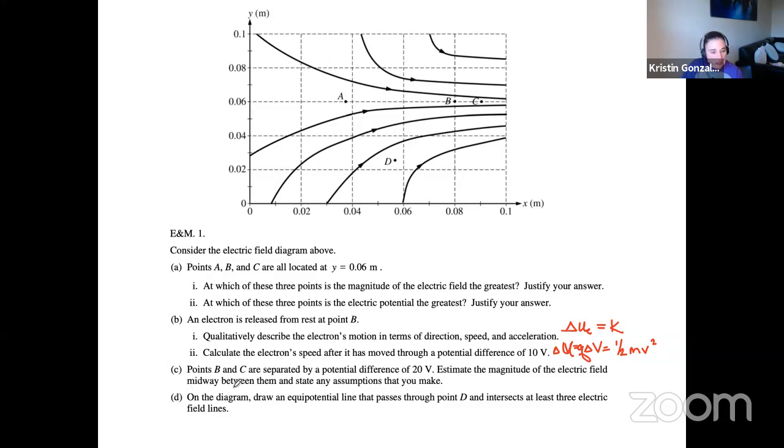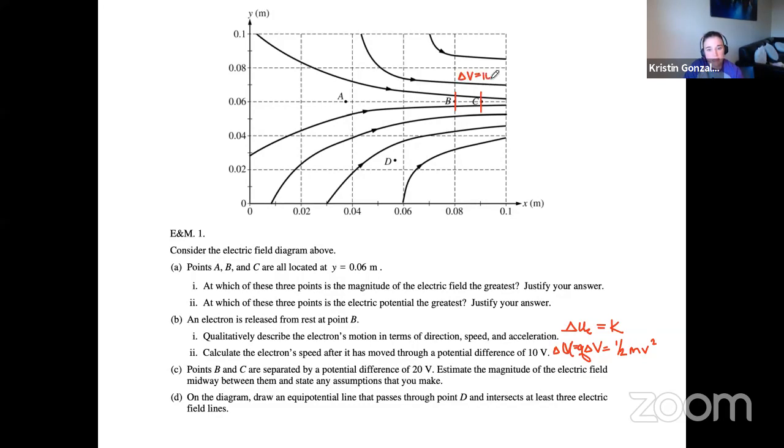Okay, so I want you to look at points B and C. If they are separated by a potential difference of 20 volts, estimate the magnitude of the electric field midway between them and state any assumptions you have to make to do that.